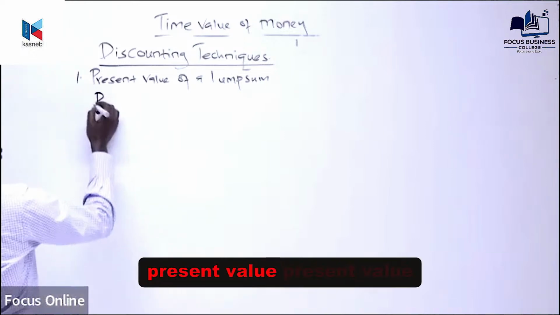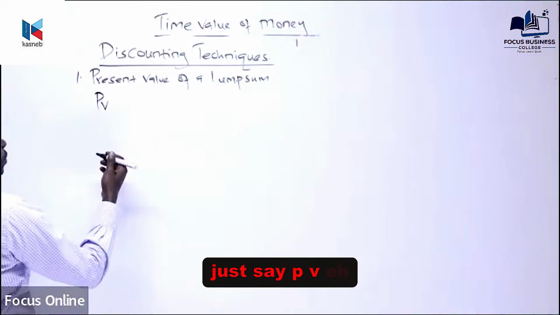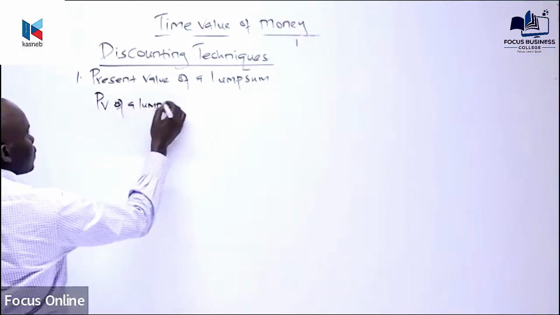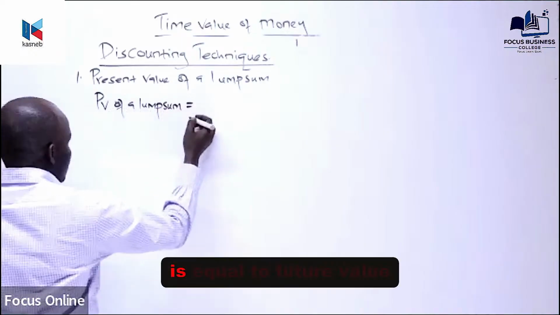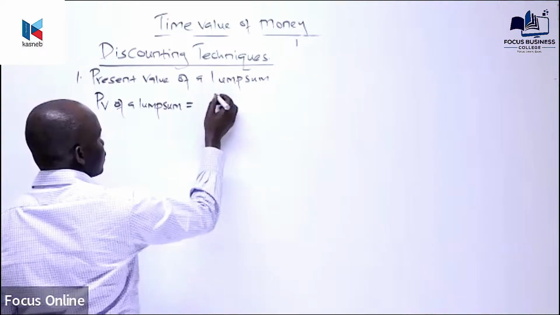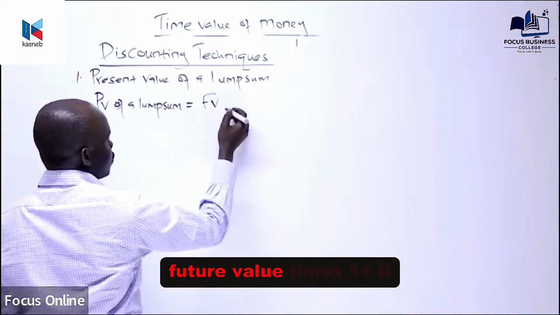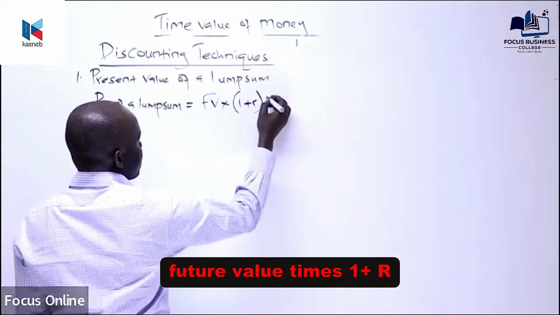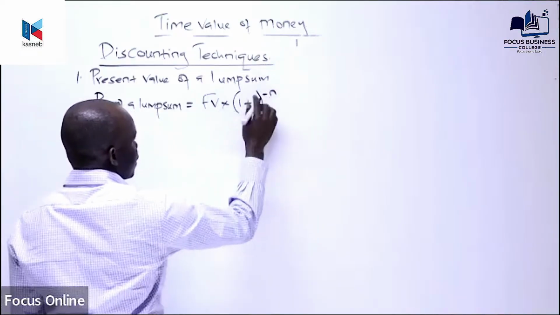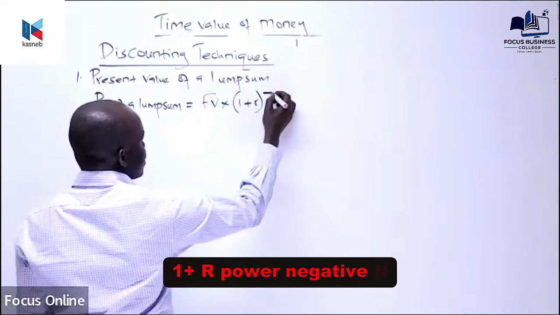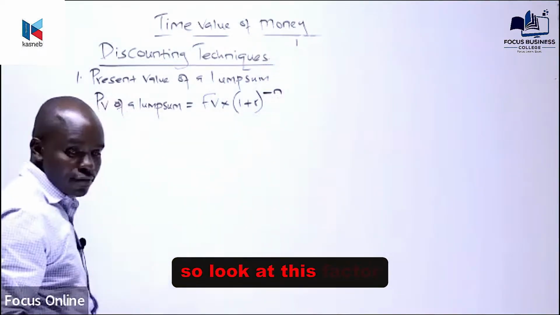Present value, just say PV, present value of a lump sum is equal to future value times (1 plus R) power negative n. So look at this factor now.